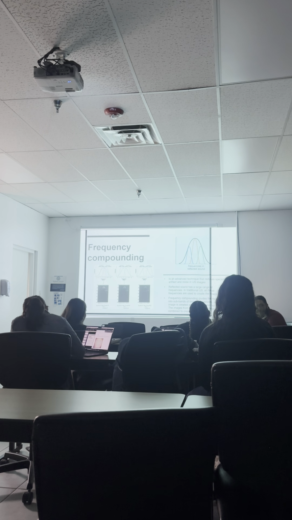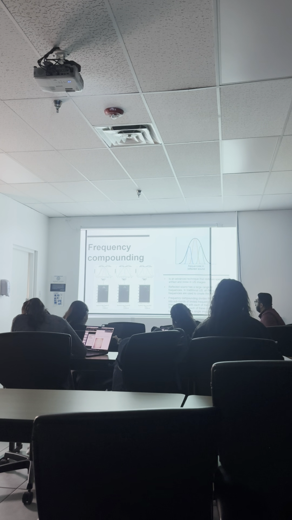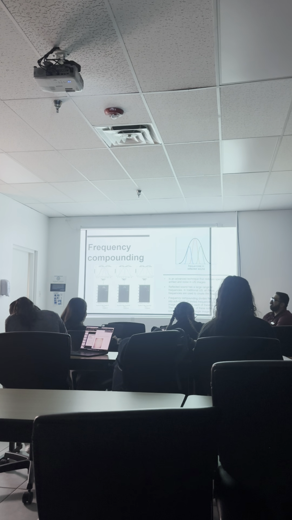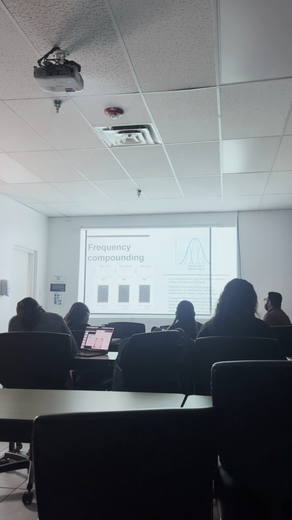Okay, frequency compounding. If our spatial compounding was compounding different angles, what do you think frequency compounding is? Different frequencies, yes. So frequency compounding is an advanced technique that reduces speckle, artifact, and noise in ultrasound images. Reflected sound has a large range of frequencies.